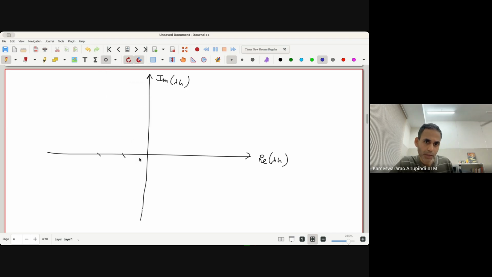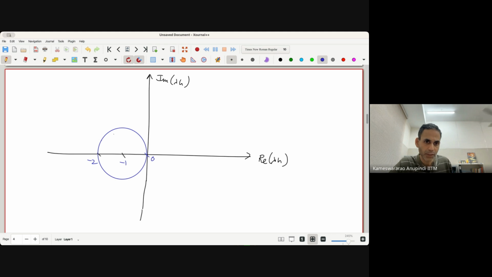I don't know if I can draw this. So we have this circle. This is for the explicit Euler, right? So this is -1, this is -2, this is 0, and the circle is only a tangent.